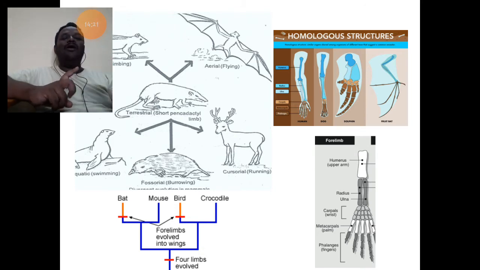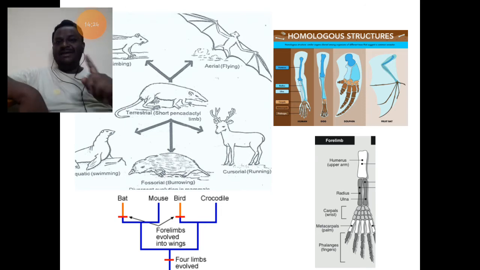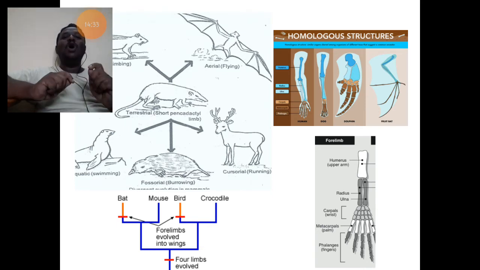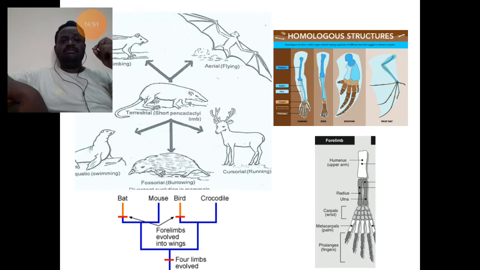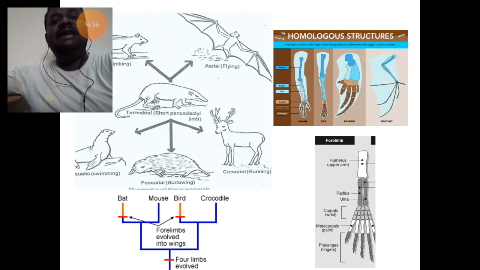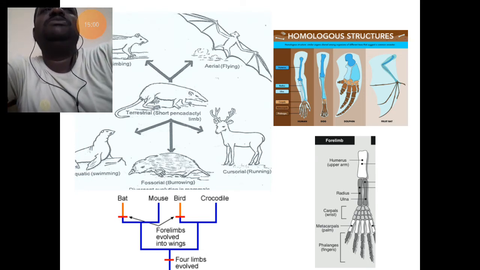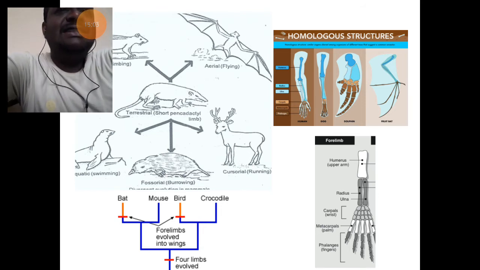So the evolution of different species is from a single ancestral organism, hence it is called monophyletic evolution. Remember, the term homo means similar or same. Logous means study. So homologous means study of similar structures. So this is about the importance of homologous organs, which are related to divergent evolution, and even refers to the concept of monophyletic evolution.